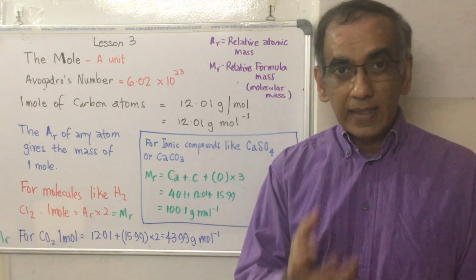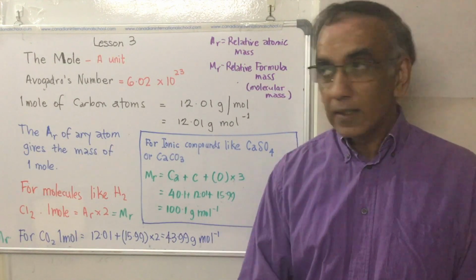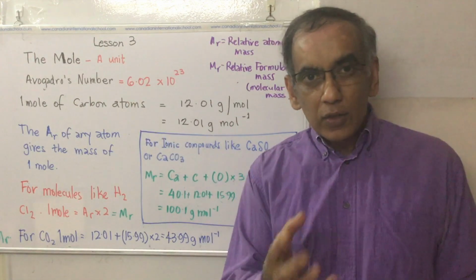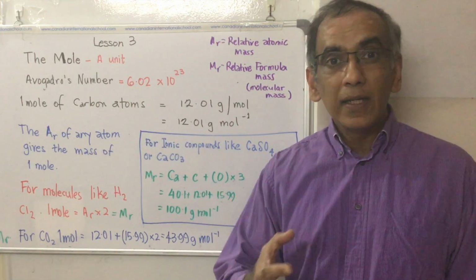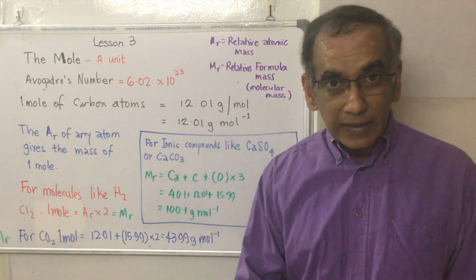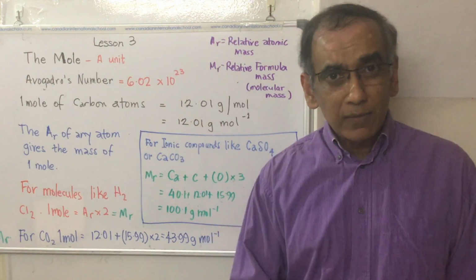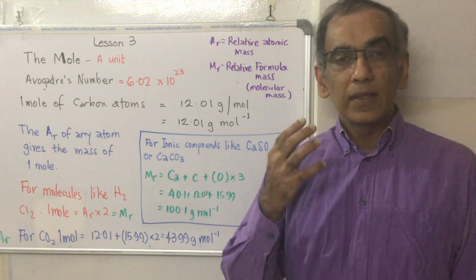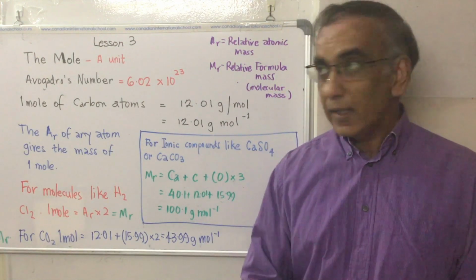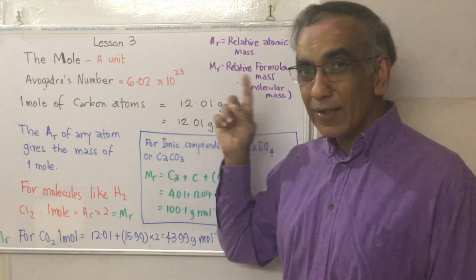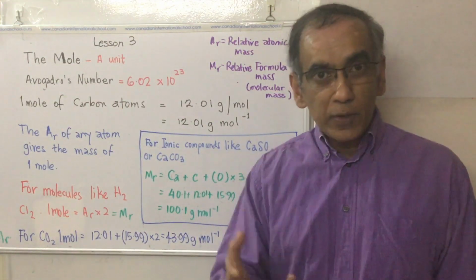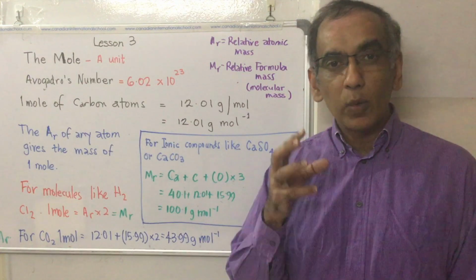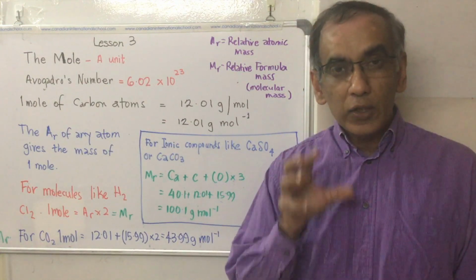The mole is actually a unit that is used to quantify things that are very, very abundant or plentiful, which would be things like atoms and electrons and things of that nature. Because if you look, 10 to the power of 23 is a number that's beyond our conception really, and it's really designed to quantify really large amounts.